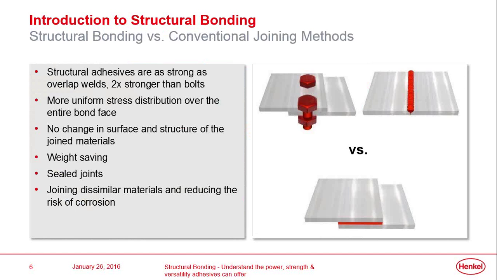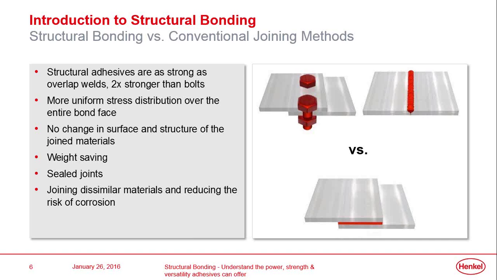Inevitably, we have to consider conventional joining methods as our competitors. And why would we move away from conventional methods and move on to structural bonding and adhesive bonding? Well, because we use the entire bond area within a bonded joint, we have lower peaks of stress, and therefore we can take higher loads across these areas that are joined.